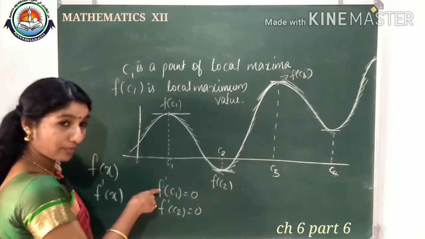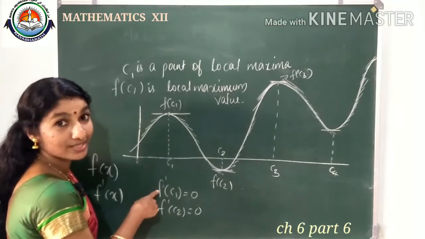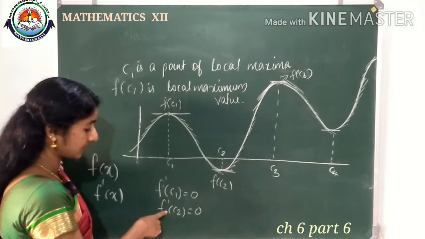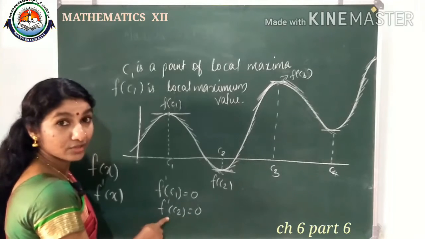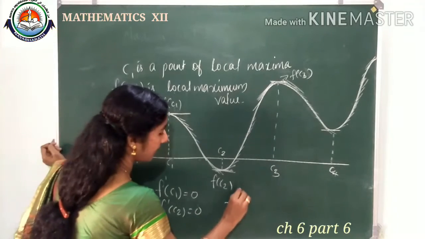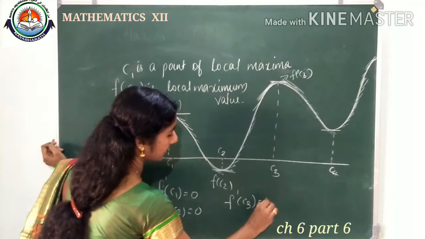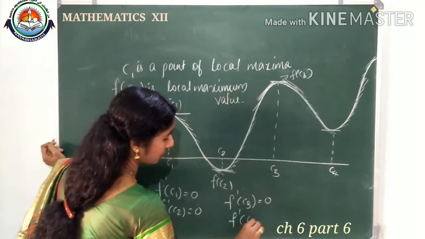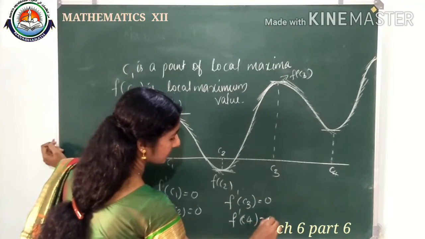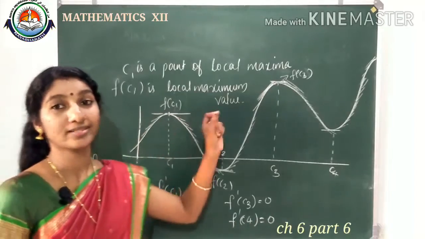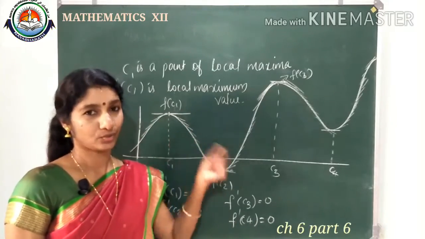That means the slope of the tangent equals 0. Same way f dash of C3 is 0, and f dash of C4 is also 0. That means at all these points the slope of the tangent is 0.